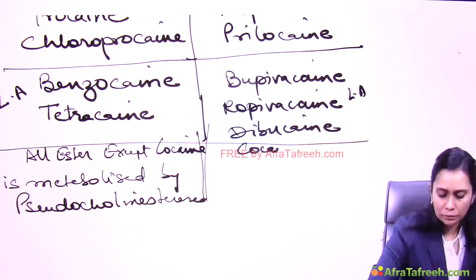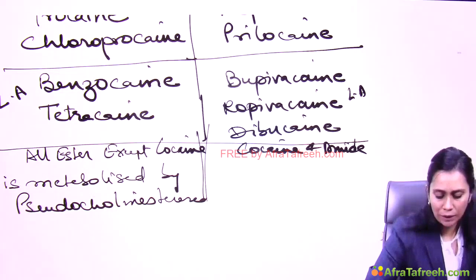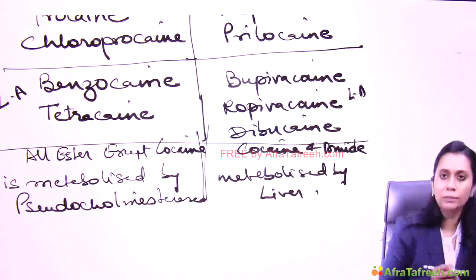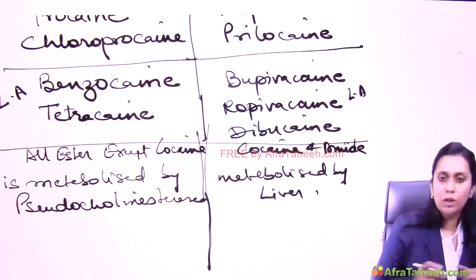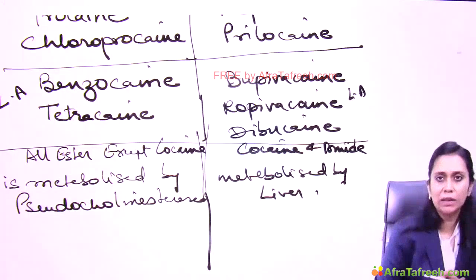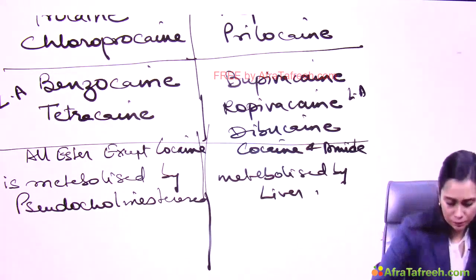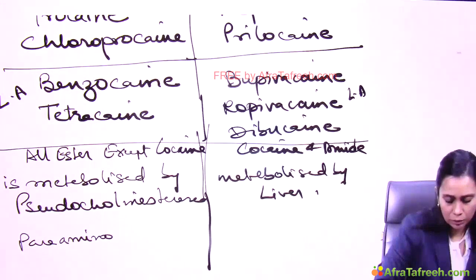Cocaine and amide are metabolized by liver, hepatic metabolism. Got it? Okay. Drugs metabolized by pseudocholinesterase produce a byproduct, PABA, para amino benzoic acid.